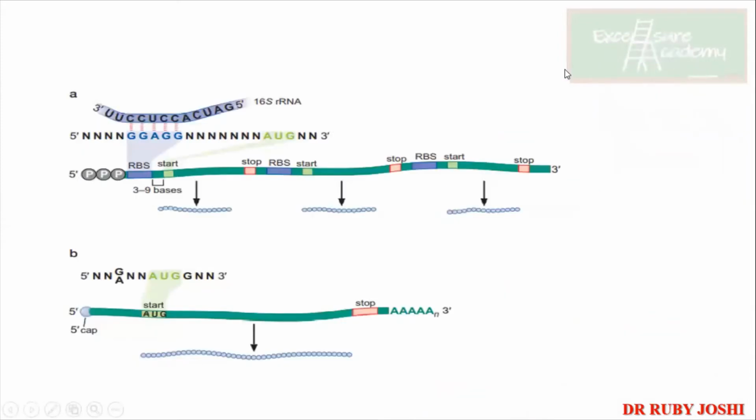Beautifully they have shown. Now, suppose this is your mRNA, you can see that there is no cap over here. Can you see? And what they have shown is 16S rRNA. So we know that in the case of prokaryotes only, the ribosomes 30S and 50S are there, if you remember, right? The smaller subunit and the larger subunit. 16S rRNA is part of your 30S subunit.